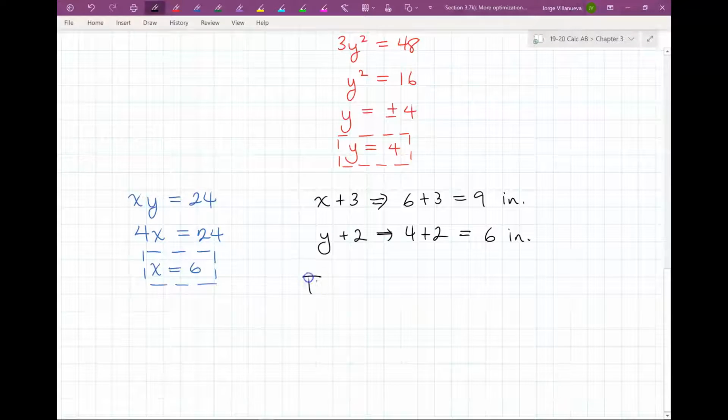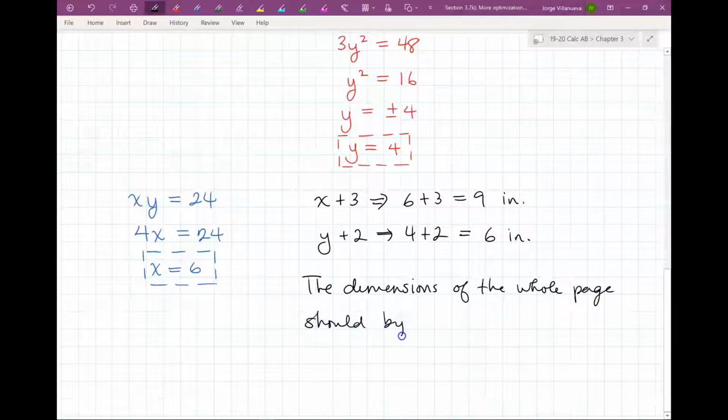So the dimensions of the whole page should be 9 inches by 6 inches to use the least amount of paper.